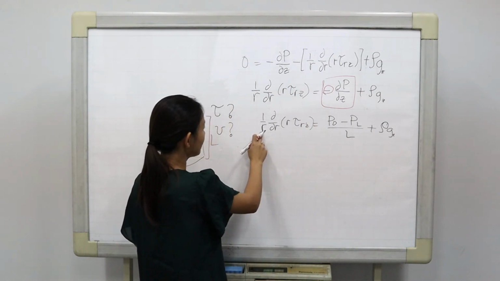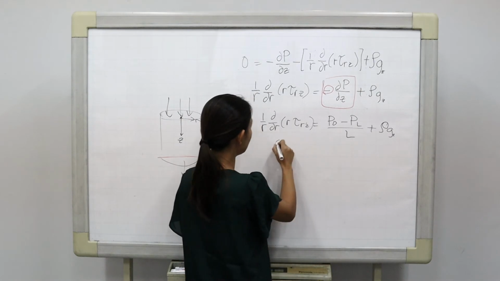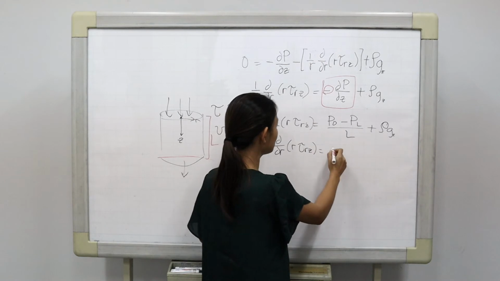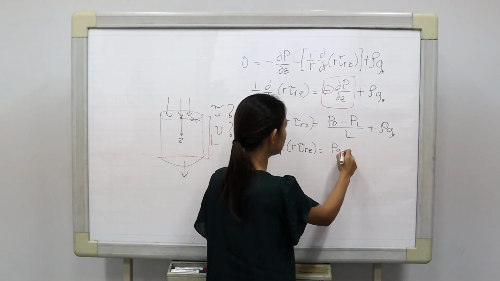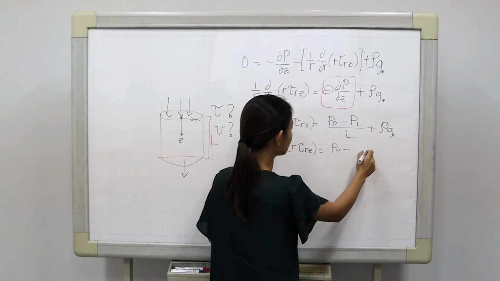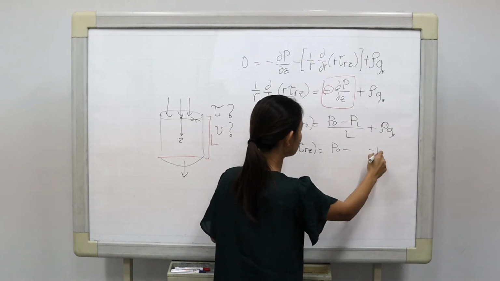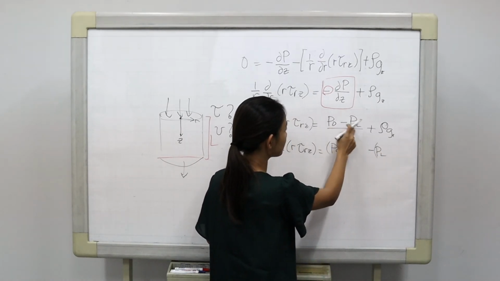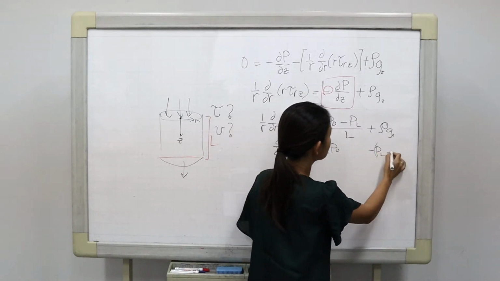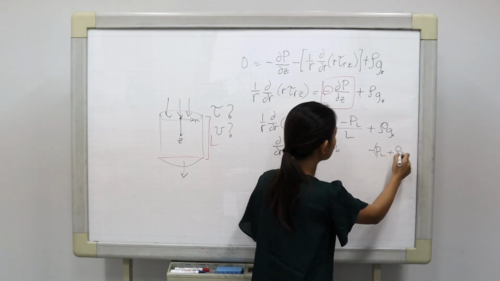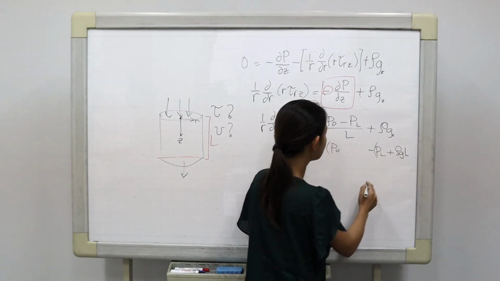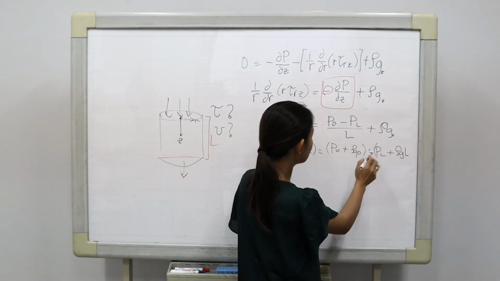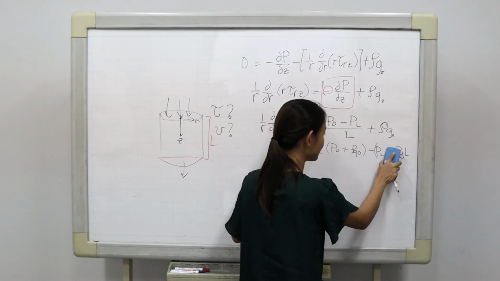Okay. R move there. I got dou over dou R, tau R Z equal to P0 minus PL, and then it should be rho G L. Wait, minus, sorry, wrong sign.